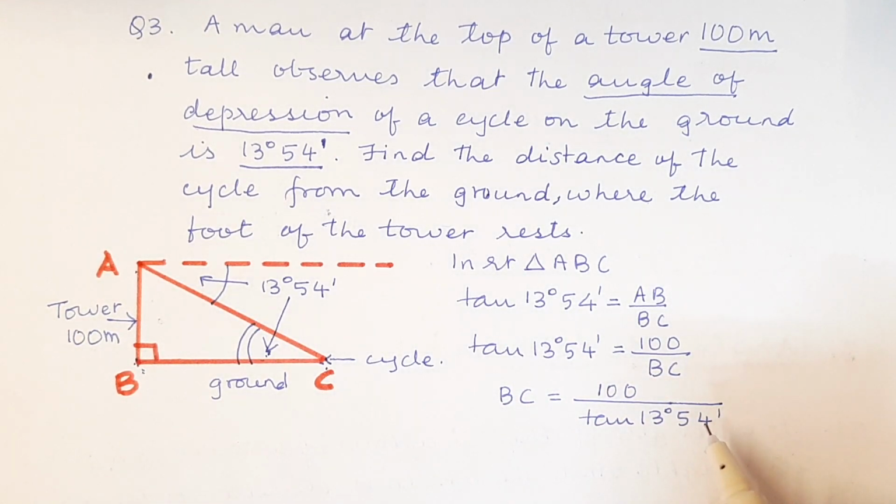Now, can you see that this particular number is again not a very friendly number? You are going to have a 4-place decimal. It is 100 upon 0.2475. Now, are we going to sit and divide with this 4-digit number?